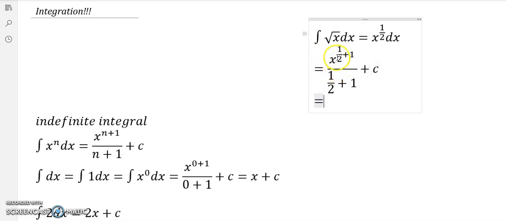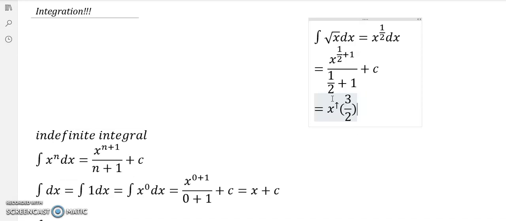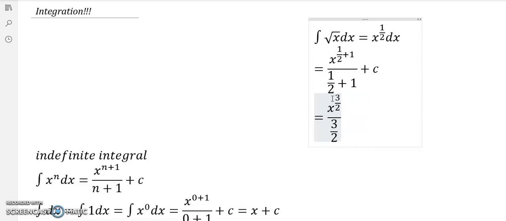Okay guys, half plus 1 is nothing but 3 over 2, divided by 3 over 2, plus c.